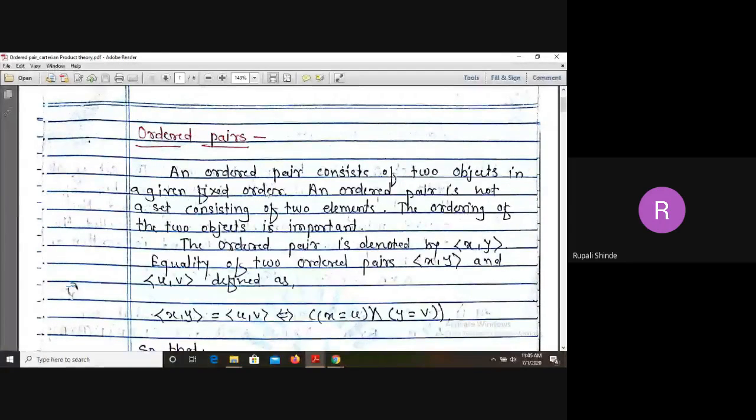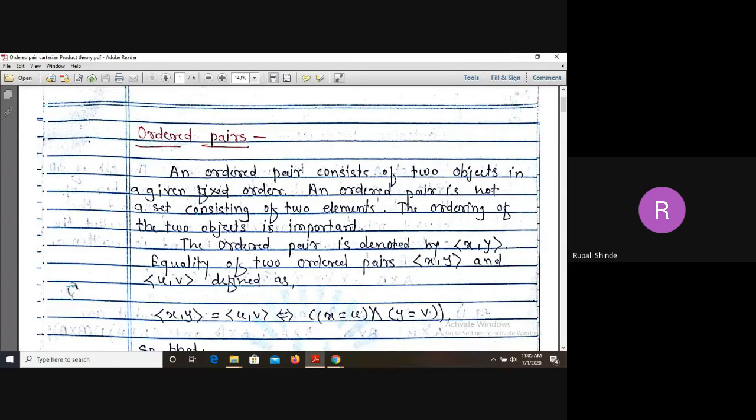An ordered pair is not itself a set of two elements. The ordering of the two objects is important. So here they have given the difference between sets and ordered pairs. If a set contains the elements 1, 2, 3, and another set is written as 3, 2, 1, then we can say that these two sets are the same because the elements are the same.